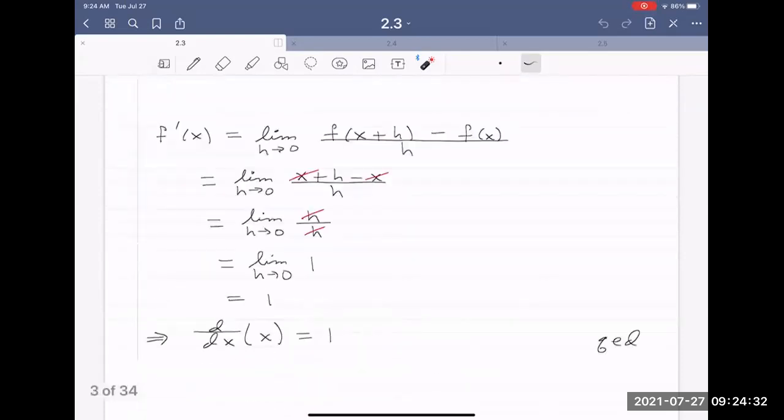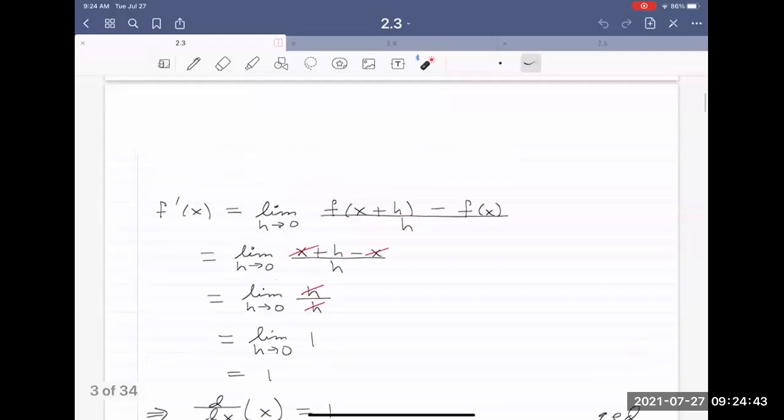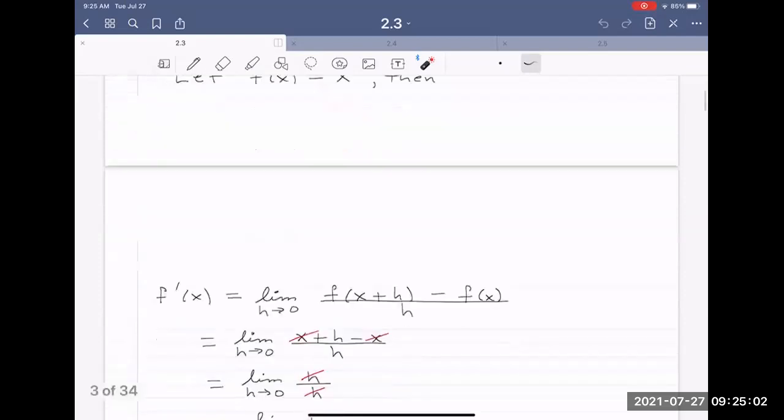Then f prime at x, limit as h approaches 0, f of x plus h minus f of x over h is, wherever I see an x in the formula for f, replace x by x plus h. And so let's just replace this x here by x plus h. Oh, I guess I can't do that. And so I just get x plus h. And f of x is just x.